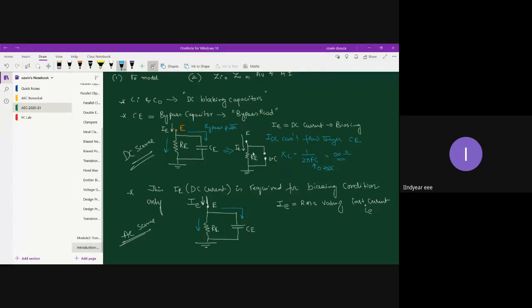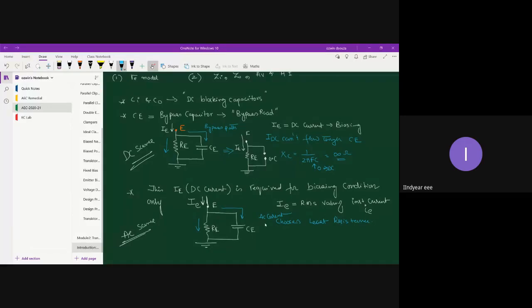The AC current always chooses the least resistance path. In general, even DC current chooses the least resistance path, but for DC the capacitor is going to be the highest resistance path. Hence, the flow of current is obstructed in the case of DC.